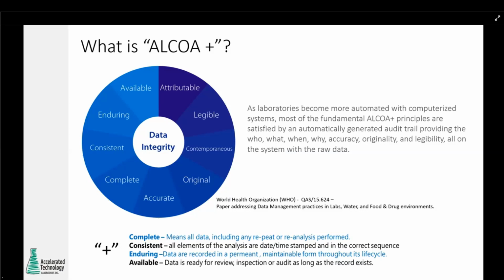All the elements of the analysis, as well as date and timestamps, are in the correct sequence. It's enduring. The data is recorded as permanent. It's maintainable throughout its life cycle. And finally, that it's available. And basically that it's ready for review, inspection, or audit as long as the record exists. So this plus encompasses these 4 additional characteristics.